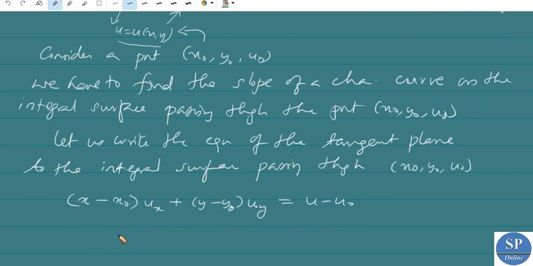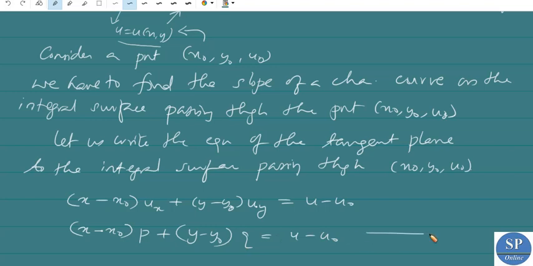The tangent plane is (x − x0) u_x + (y − y0) u_y = u − u0. That is, we can write this as (x − x0) p + (y − y0) q = u − u0. Let this be equation 1.